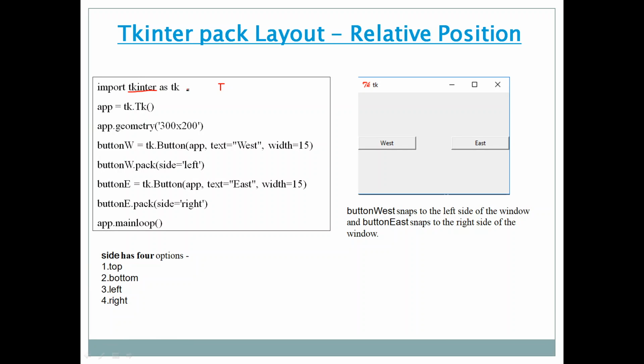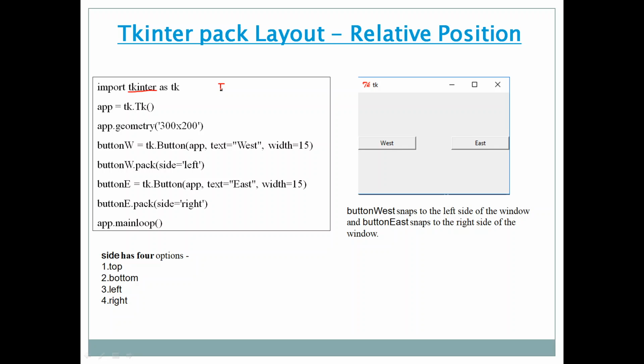This is because of the version of Python which is used to create the GUI application. If you're using a 2.x version, whatever the earlier version of Python, then you always have to use T capital. So it is Tkinter where T is capital if you are using a 2.x version, remember.